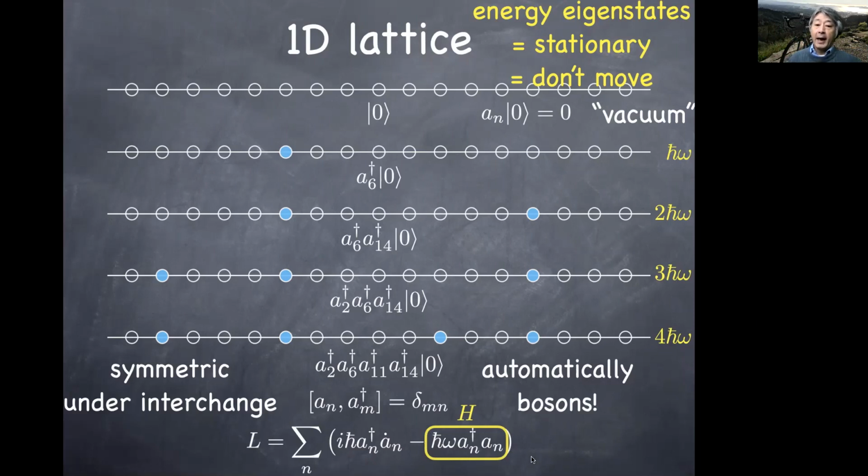But I pointed out a problem with this because what we would like to describe eventually is a particle moving in free space. And so far, once you actually place a particle at a given site, this is already the energy eigenstate. And energy eigenstate means that's a stationary state. So over time, the system doesn't change, namely that the particle at site 11 in this case cannot move to site 12 or site 10.